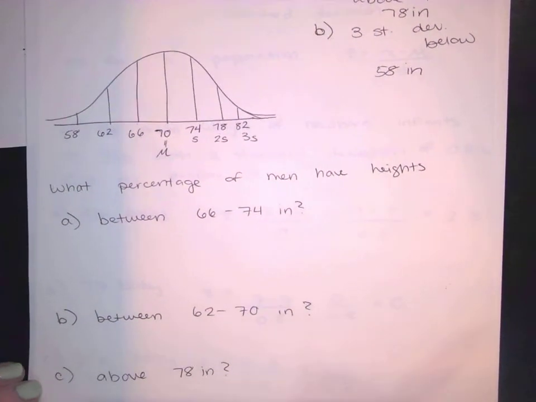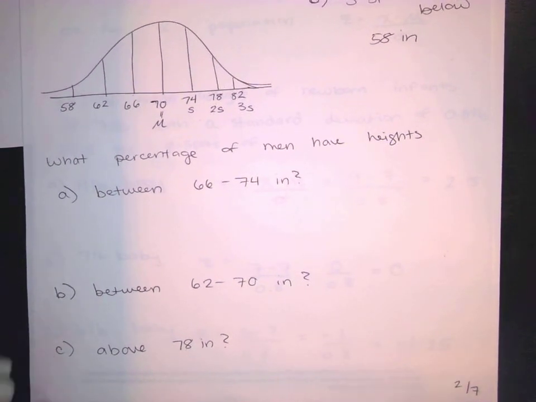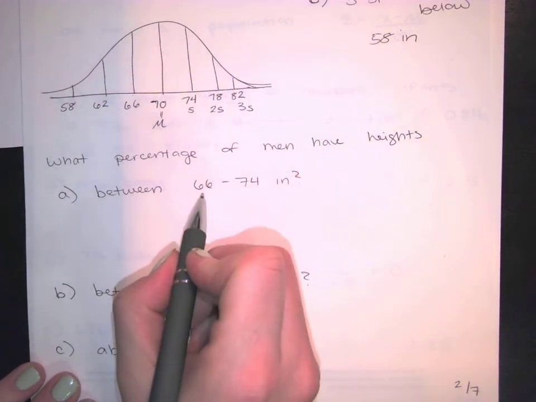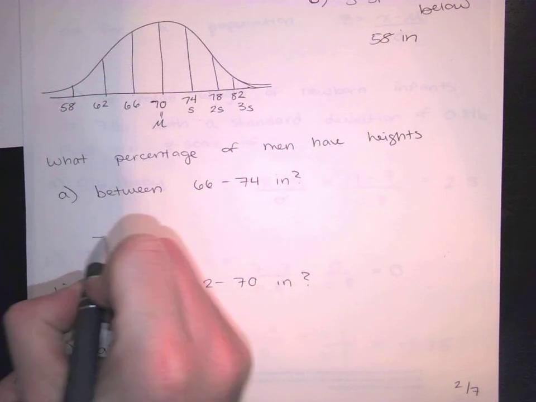So looking at questions, similar to what I was just saying, we can ask these sorts of things. What percentage of men have heights between 66 and 74 inches? So this is 1 standard deviation below the mean and 1 standard deviation above the mean.